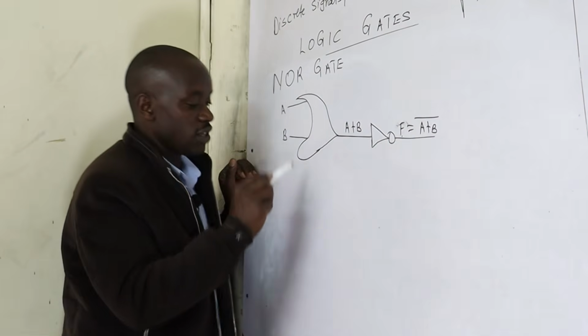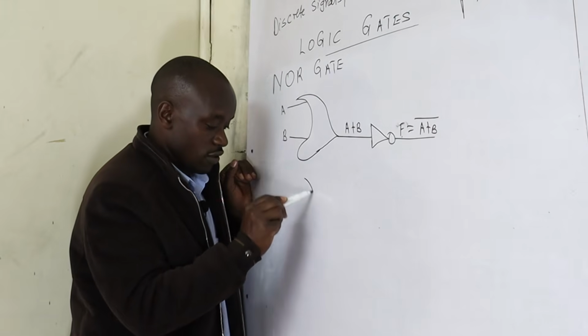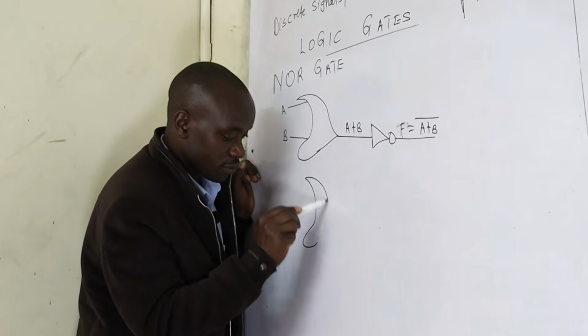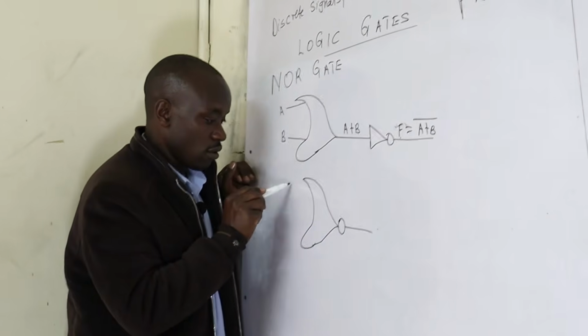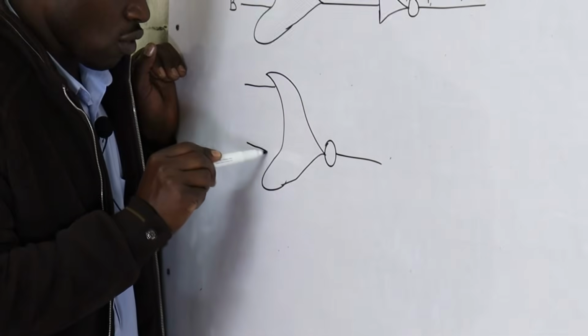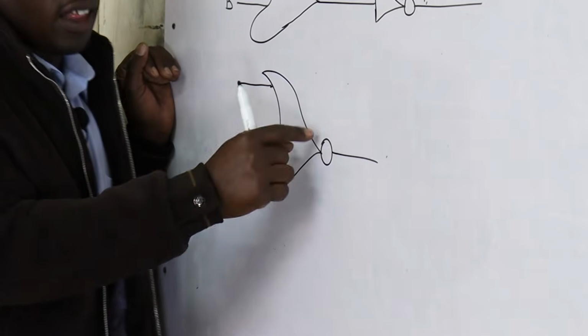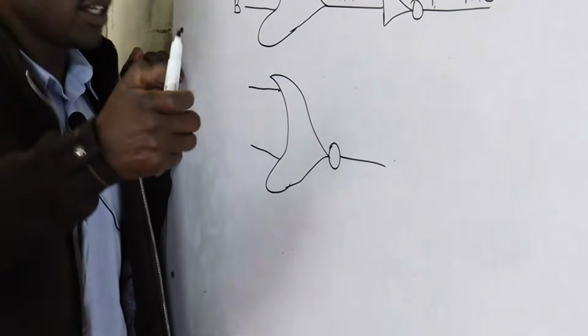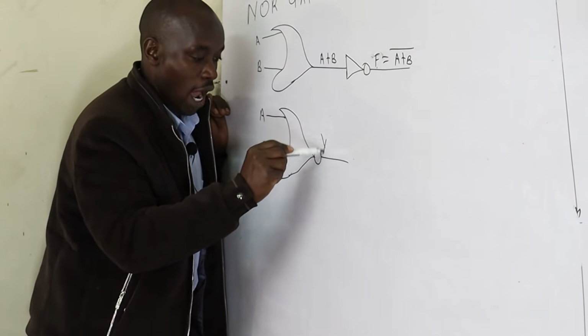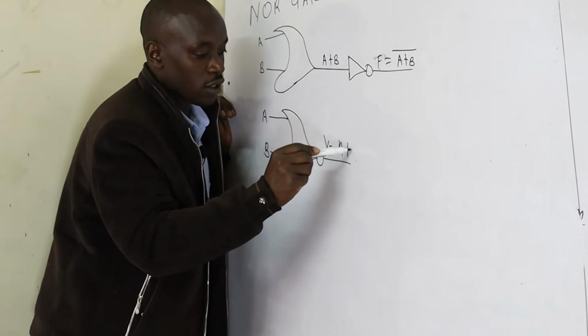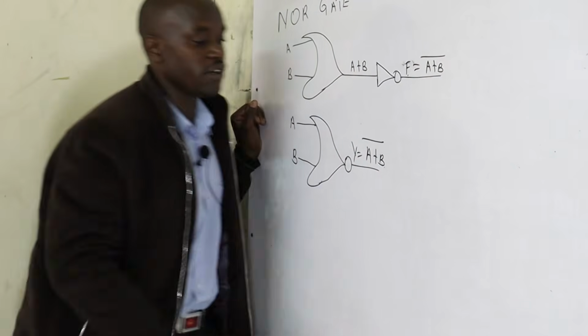So the symbol for this gate appears this way. So this is the symbol. Then you have a negation here. If you see this negation, it means you are inverting. So A and B, it will be now Y is equal to A plus B, but you invert.